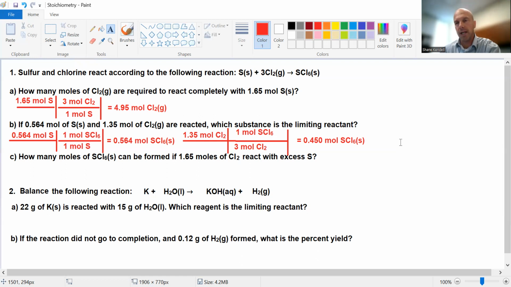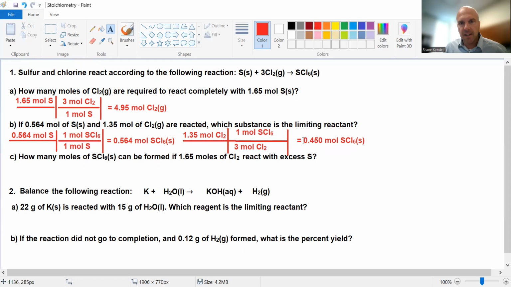So that's exactly what we're looking at here. So again, we'll go back to the original question, and it's trying to see which one's going to be the limiting. So the fact that only 0.45 moles of SCl6 is formed with the Cl2 means that the Cl2 is limiting. If I adjusted these numbers, for instance, and had 1.8 mole of Cl2, then if I read the calculation, this would become 0.6.